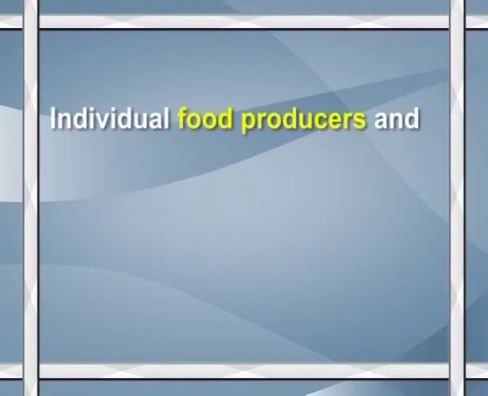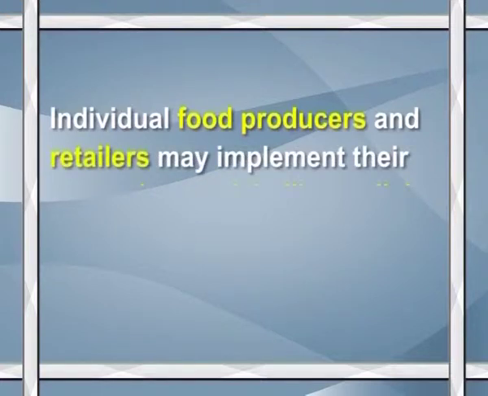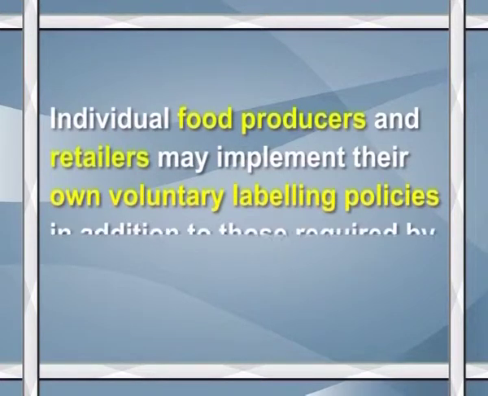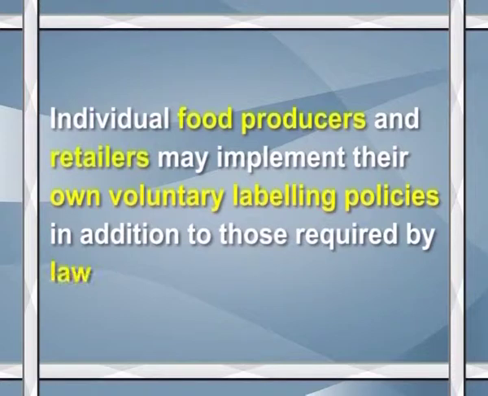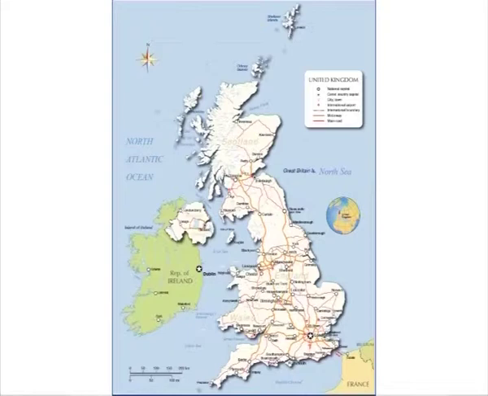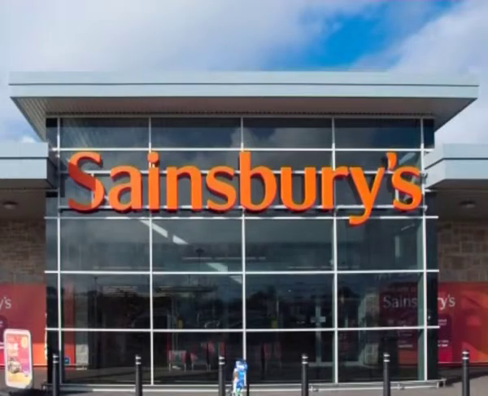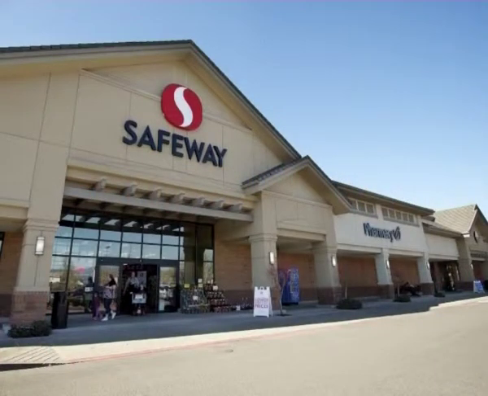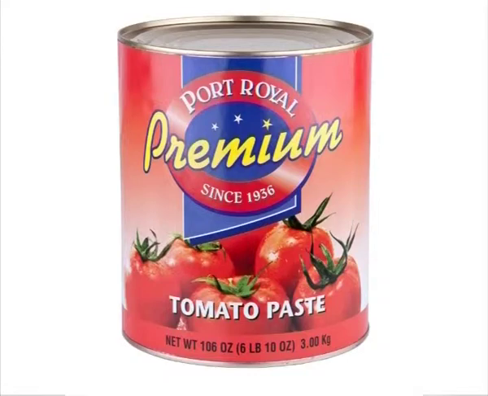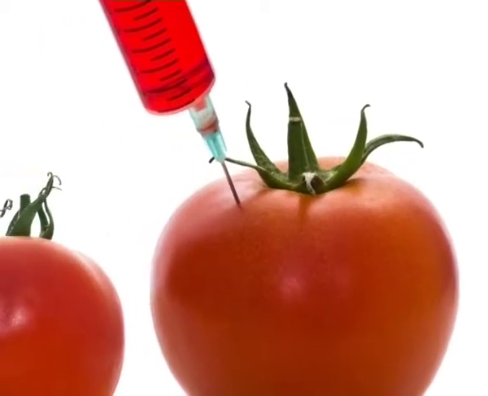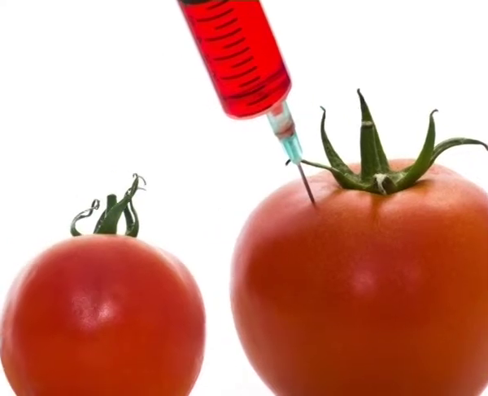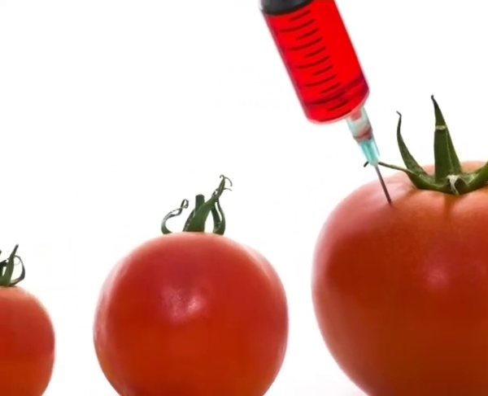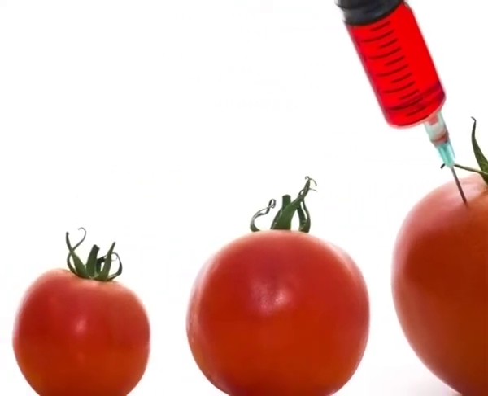Individual food producers and retailers may implement their own voluntary labeling policies in addition to those required by law. For example, in the United Kingdom, both Sainsbury's and Safeway stores chose to label tomato puree from genetically modified tomatoes, even though there was no statutory requirement for them to do so.